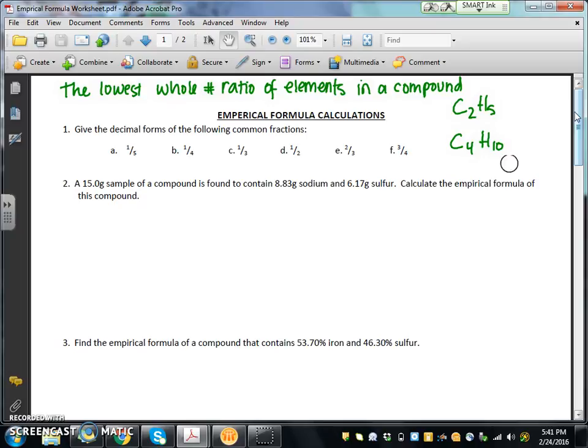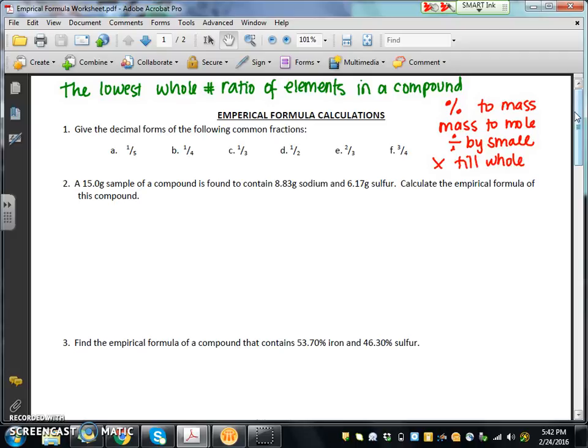And actually, before we begin, I forgot one amazing thing. We have a nice little rhyme that will help us remember the steps to calculating empirical formula. So what we're going to do right now is we're going to write this rhyme at the top of our paper so that we'll have it as we're working through the problems. And the rhyme goes like this. Percent to mass, mass to mole, divide by small, and multiply till whole.